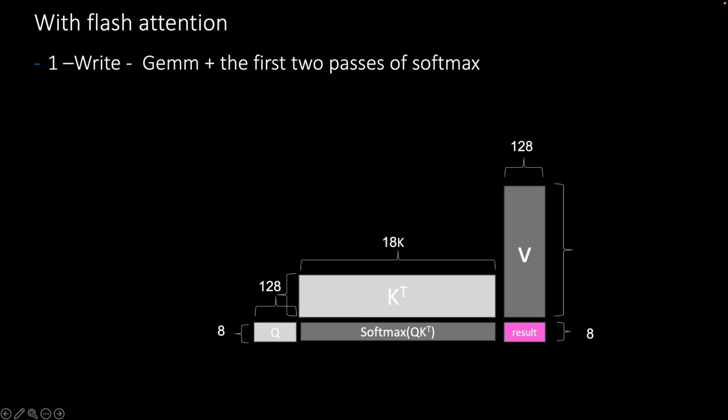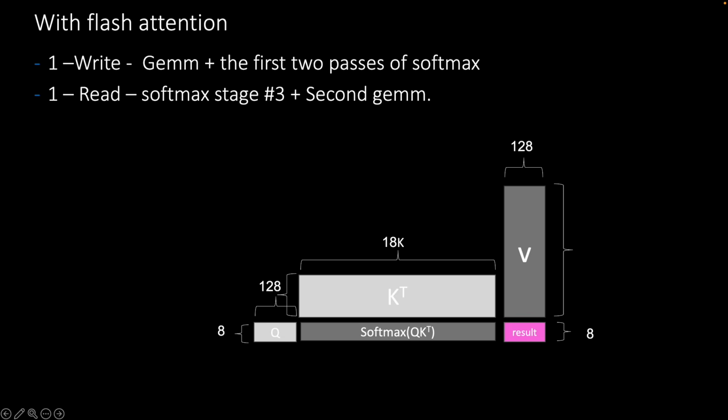With the flash attention implementation, we will fuse the first 2 passes of softmax when writing out the matrix of the first gemm. So we will do the matrix multiplication, then the first and second stages of softmax, generate the local maxes and the local normalized sum, and do the exponent, and then we'll write out the values when they're already raised by the exponent.